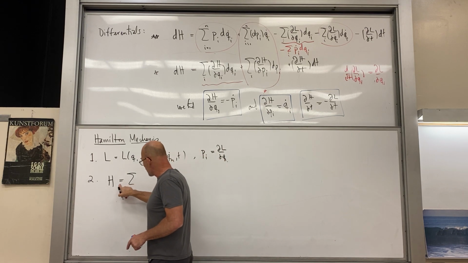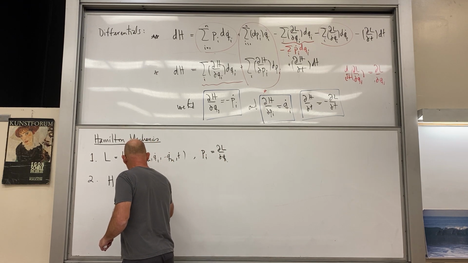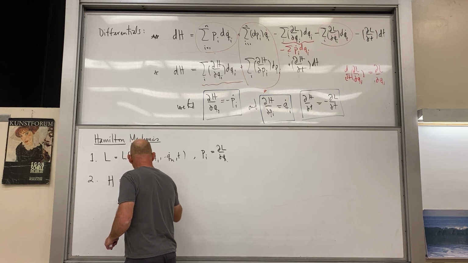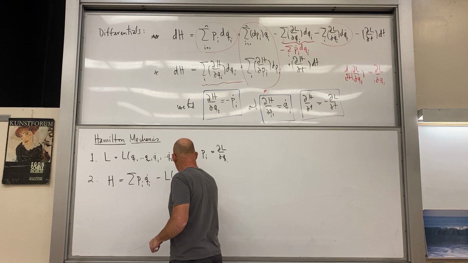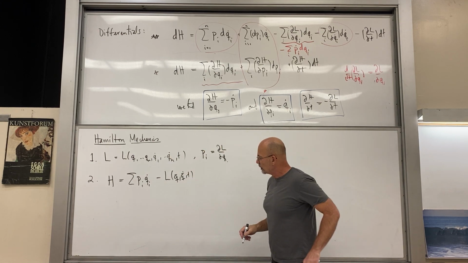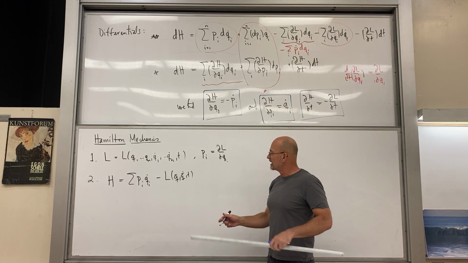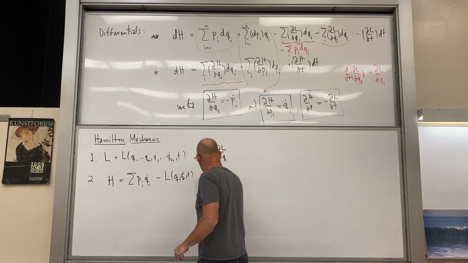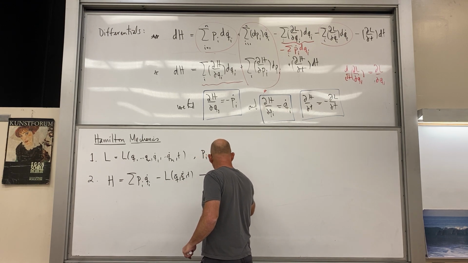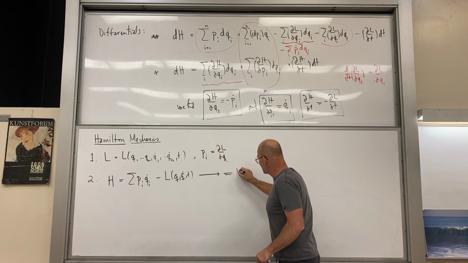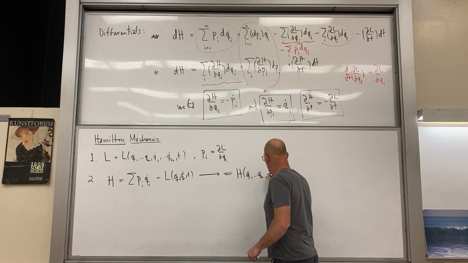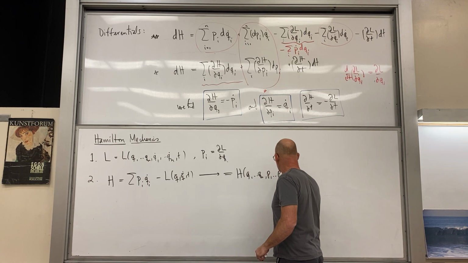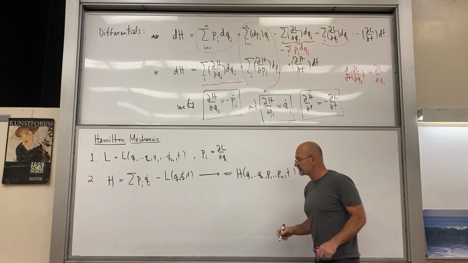Then you do this construction: p_i q_i dot minus L, which is not yet the Hamiltonian, but you have to turn that expression into just a function of q and p and t.